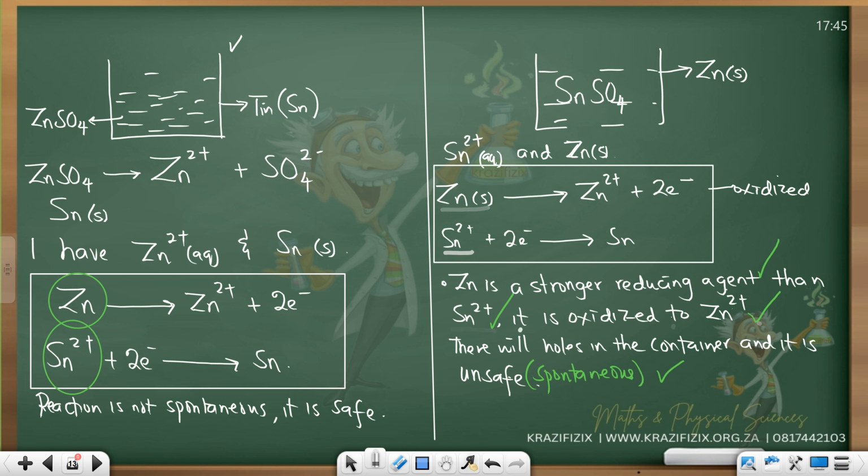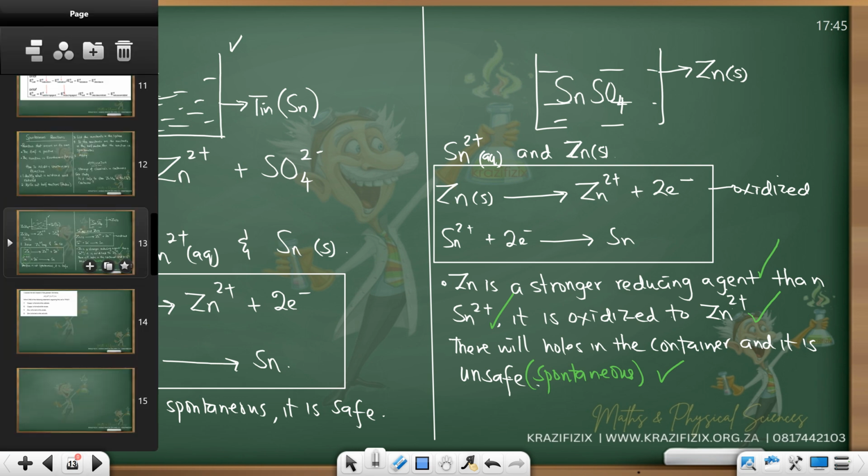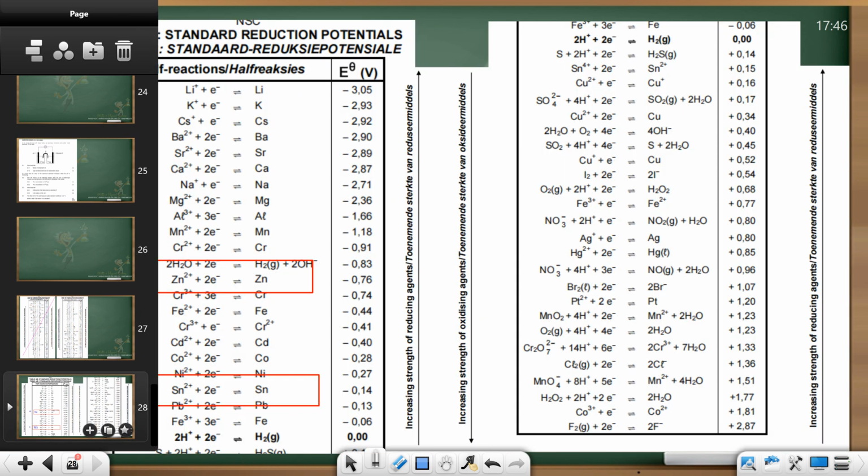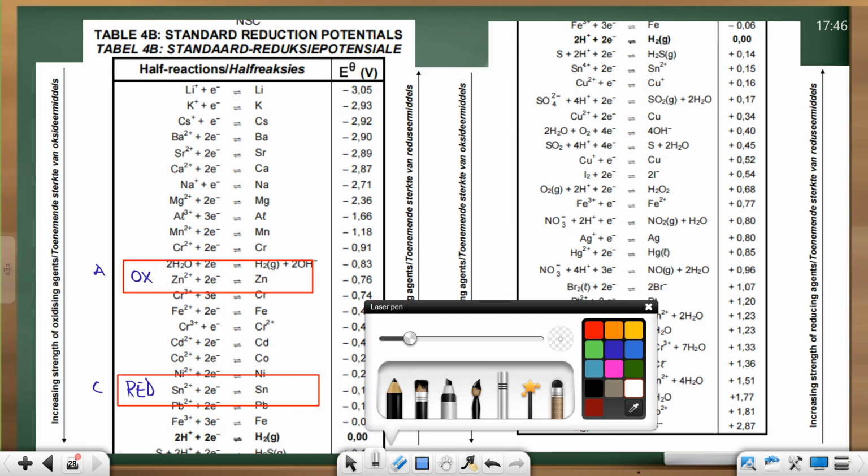Why are you saying that it's a stronger one like this? Remember our table. Okay, I'm going to take you back to the table quickly. There's a question: why are we saying that Sn is a stronger oxidizing agent? On the table, there are arrows, and I want us to quickly look at those arrows. Enough of all the skills that we teach you. Let's teach you normal chemistry now, right?